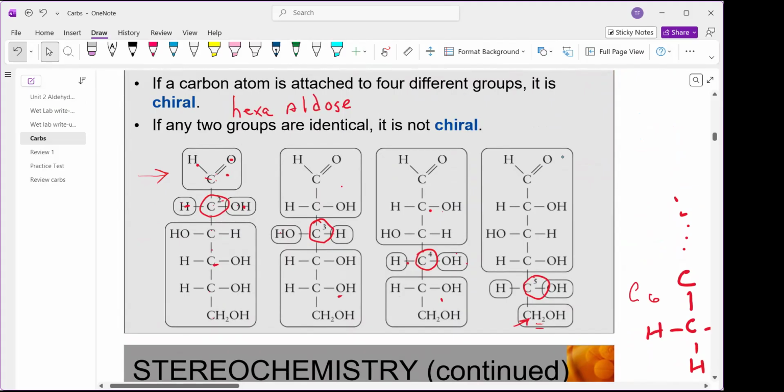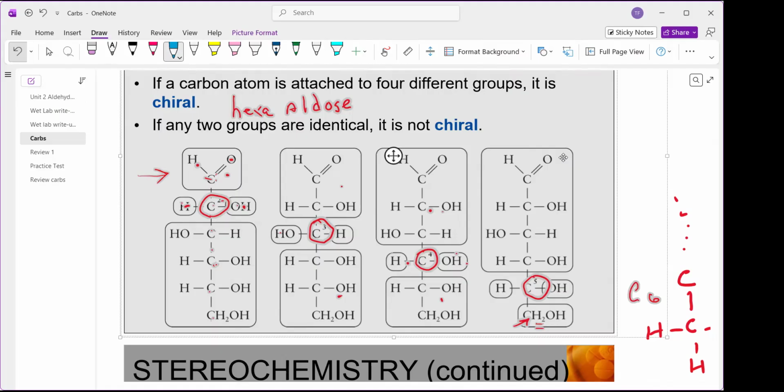So if we look at this guy here, this is a hexose, a 6-carbon sugar. The one at the top is not chiral. The next one down is chiral. We have different groups. The next carbon down from there is also chiral, 4 different groups.